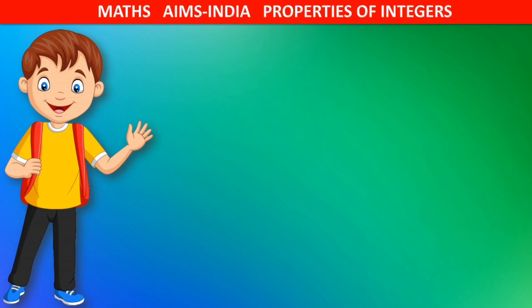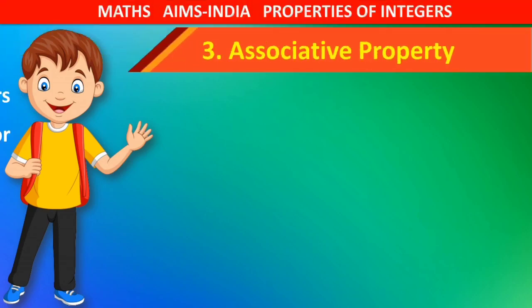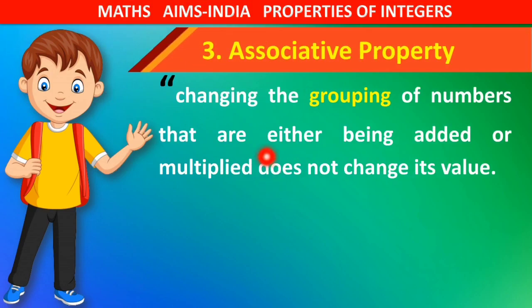When we perform a mathematical operation on two integers, the result should also be an integer. The third property is associative property. Changing the grouping of numbers that are either being added or multiplied does not change its value.